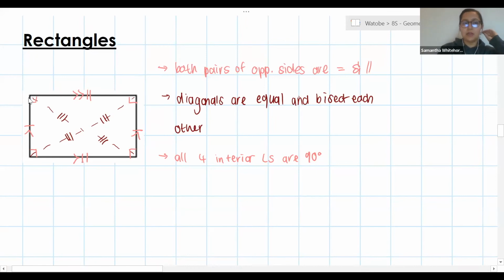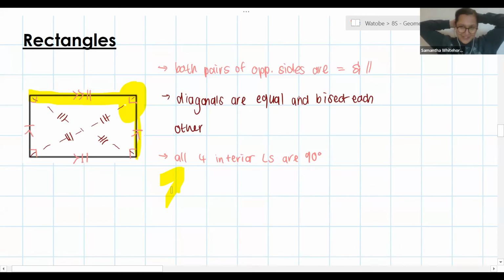So basically what that means is that you've got 2 sides that are perpendicular to each other. And all that means is that we've got that 90-degree angle. And so what that means is all of the interior angles are 90. If that's the way you're learning it, don't stress. It's the same thing as saying all interior angles are 90 degrees. Yes, ma'am. Good. Well done.